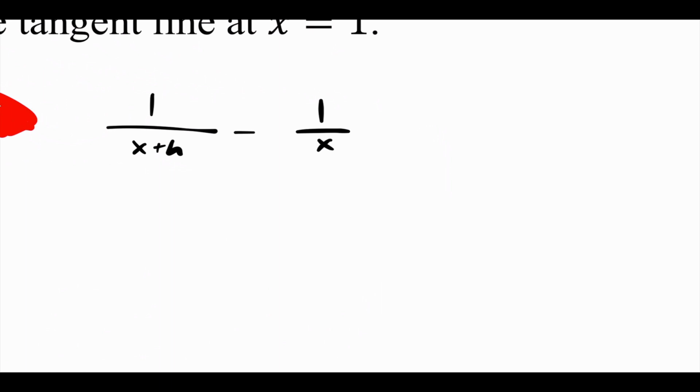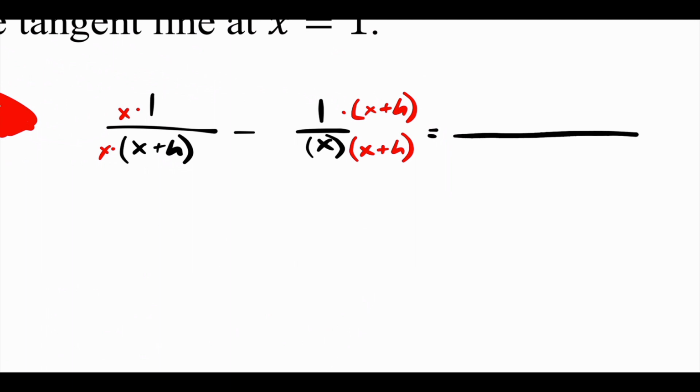So we have a binomial here. We have a monomial here. So this guy needs a binomial. This guy needs a monomial. So the common denominator is x plus h.